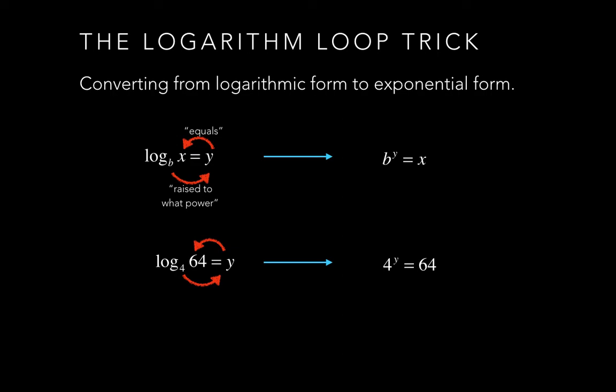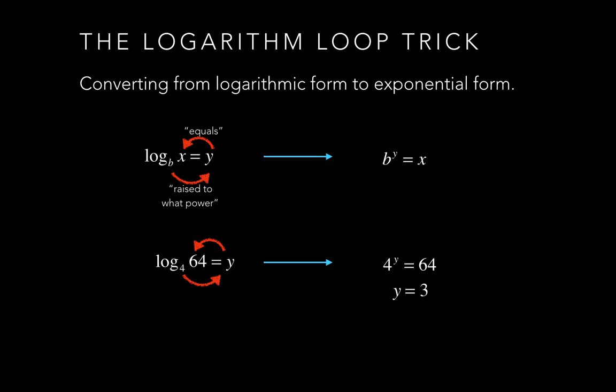I'll give you all a moment to think that through. You might be able to do that mentally or check it with a calculator. That value is 3. Your y value is 3 because 4 times 4 is 16 and 16 times 4 is 64. So the answer to our problem, log of 64 base 4, is 3.